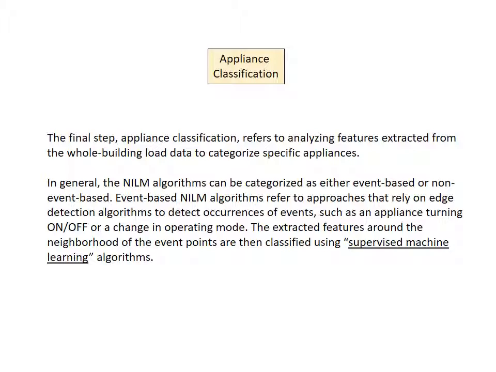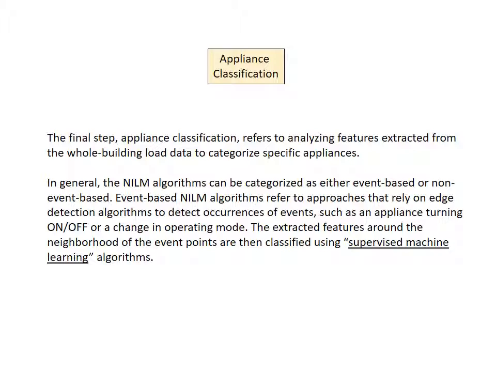So changes, right? If we're thinking about a time series, an edge detection in the case of a steady state signature would be looking for parts of the time series that make really big jumps, right? Go from a 1 to 0, if we're talking about a device turning on and off.